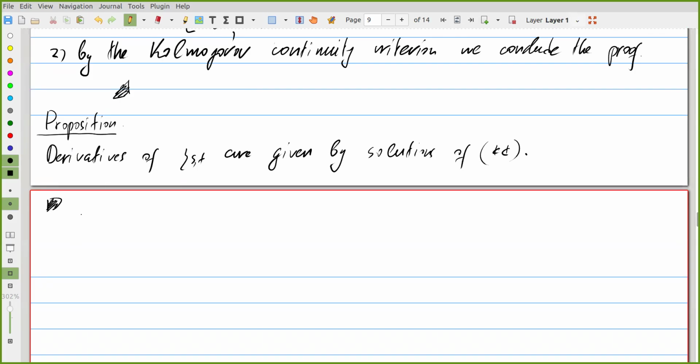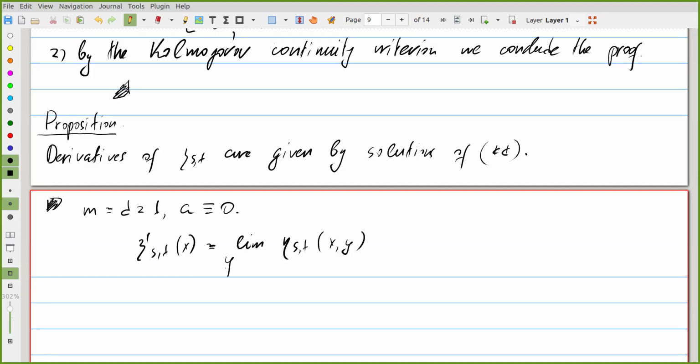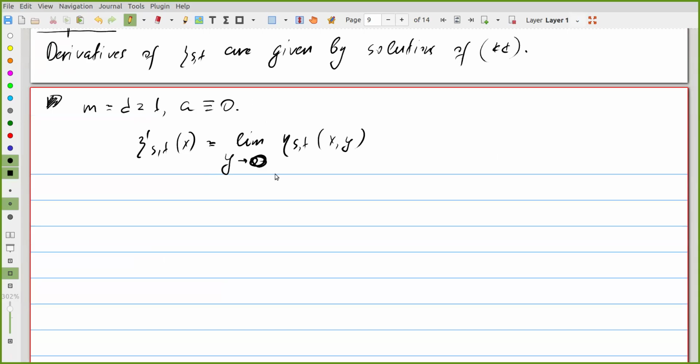Again, we consider only the case when m and d are just ones, and I don't really want to care about the non-stochastic, the Lebesgue part. So this derivative is just the limit, almost surely, as h goes to zero. It should be for both directions, not only from positive.